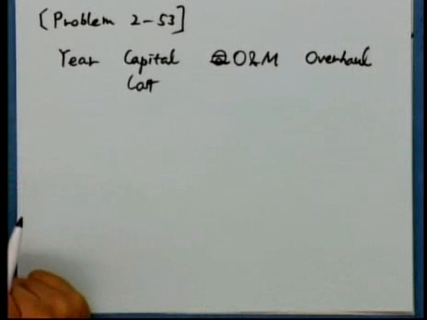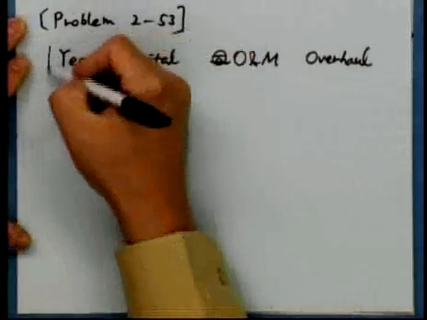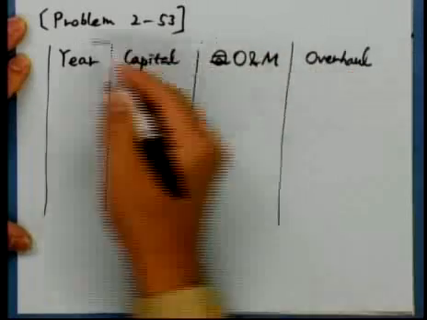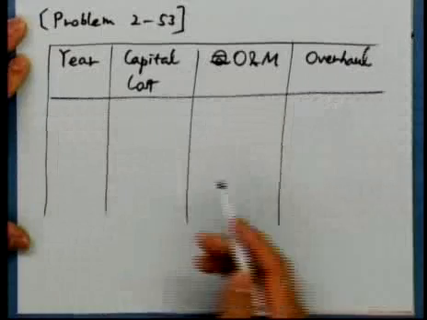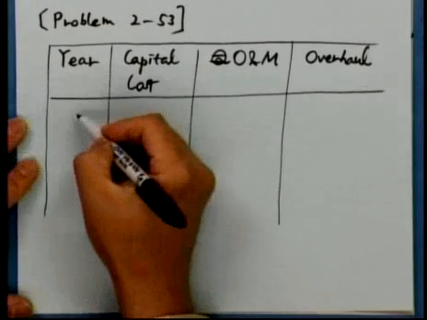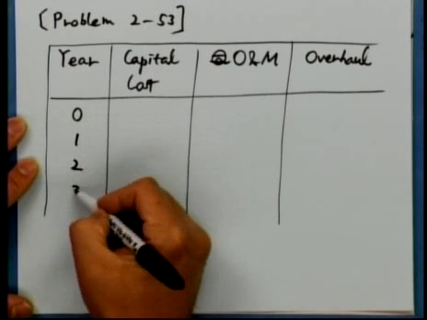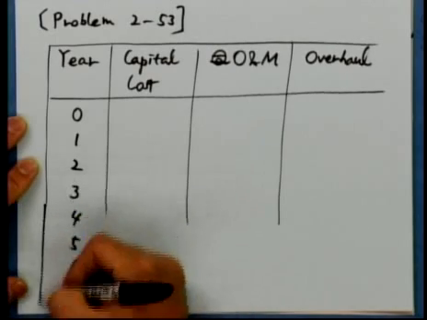Okay. And the year is going to be from 0 to 4, 5, 6, and 7, until 7, right?